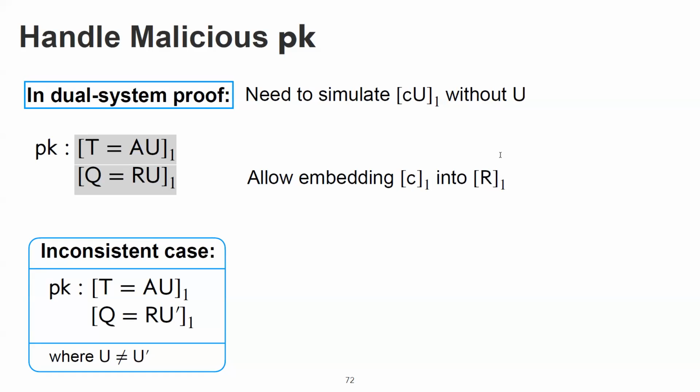With this extra term, the adversary may submit an inconsistent public key, where matrix T and Q are computed from different U. To avoid this problem, we employ the QANIZK, and that is how we handle the malicious public key.